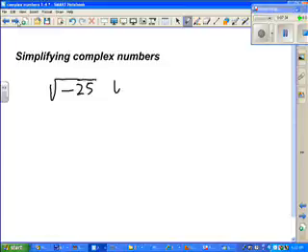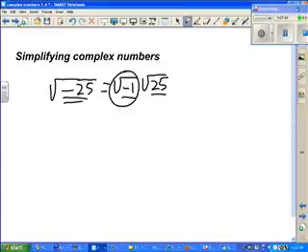I can break this down into the square root of negative 1 times the square root of 25, because 25 times negative 1 would be negative 25. I know that the square root of negative 1 is i, and the square root of 25 is 5, so my answer is 5i.